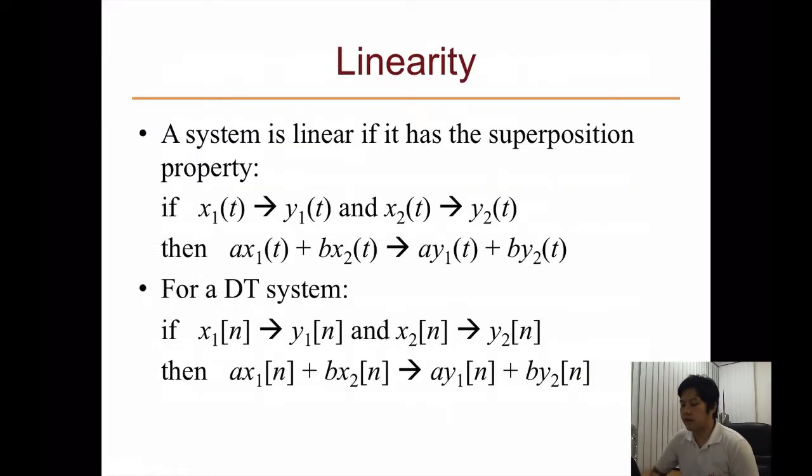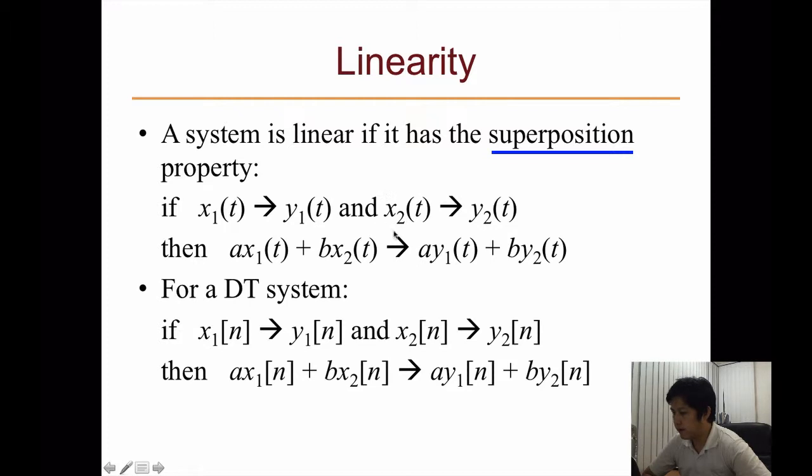The property of linearity is that if the system is linear, it should have the superposition property. What is the superposition property? It tells you that if you have an input x1 and you give it to the system, you get the output y1.